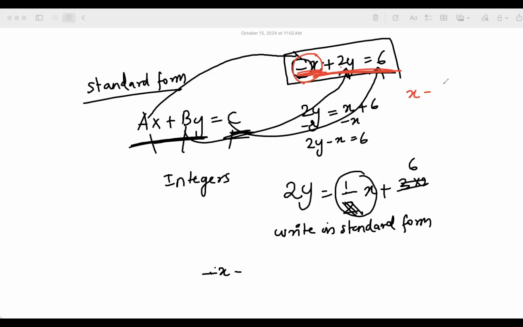Multiply by -1 on both sides. That's all. Does it make sense? I just wanted A, B, C to be integers. See, again, now this becomes negative, right? So it just depends. If they give you that, please go with it. These should be integers, but some websites do not list that as a rule as well.